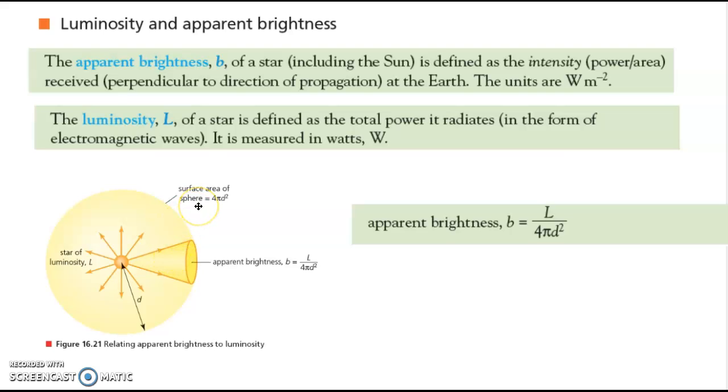It's a sphere, so you need to use the surface area 4 pi d squared. That apparent brightness, B, is equal to the luminosity divided by 4 pi d squared. And that gives you the apparent brightness. So this you measure from the Earth. I'll tell you how we work out the luminosity in a moment, but then you can work out that distance using the relationship.